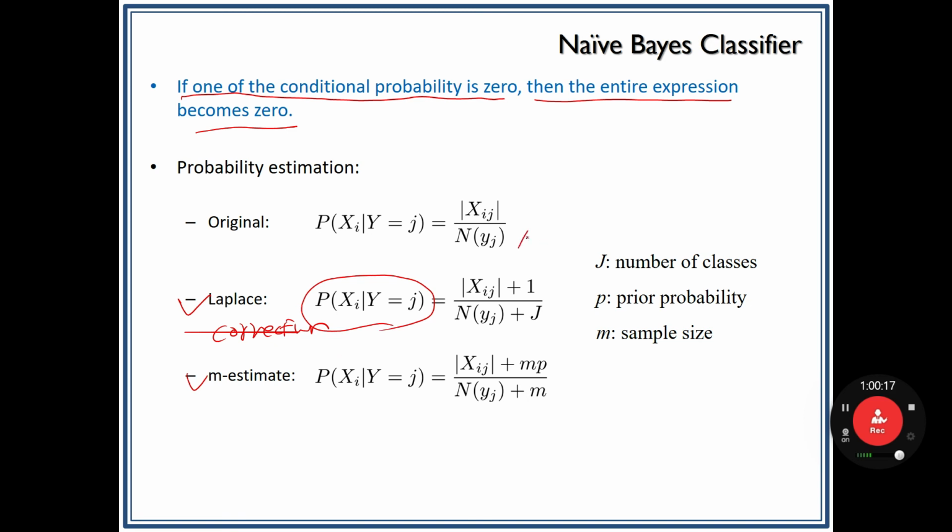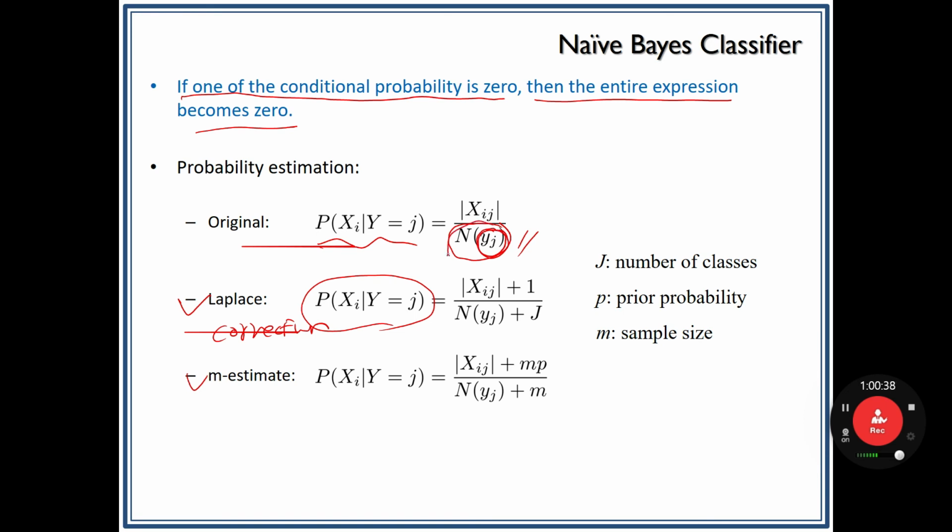Actually, this one was the original way of estimating this conditional probability for a discrete random variable. We consider the rows having yj value on the y class variable.